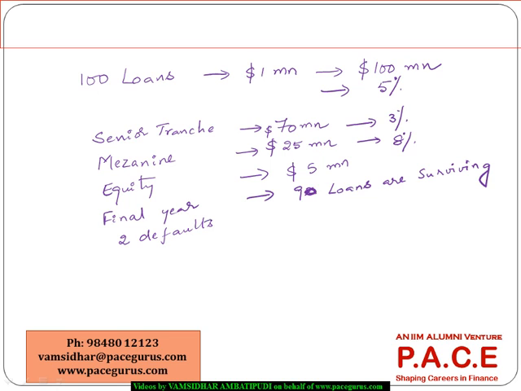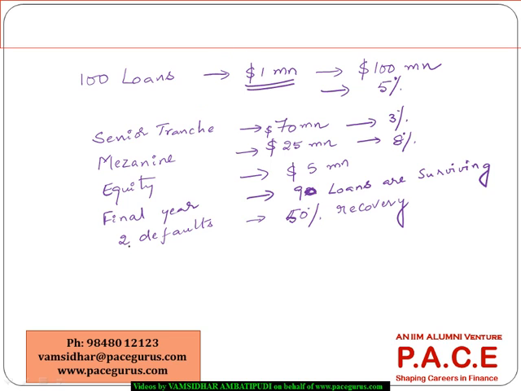2 defaults which have given rise to, let's say, 50% recovery in each one of them. 50% recovery means 500,000 is recovered in each of these cases.